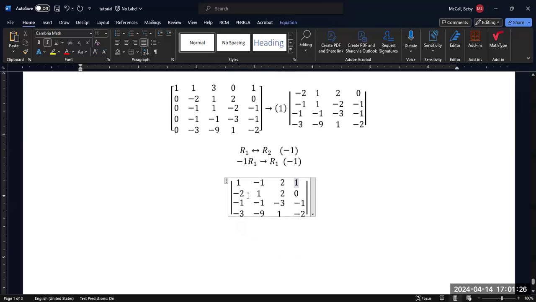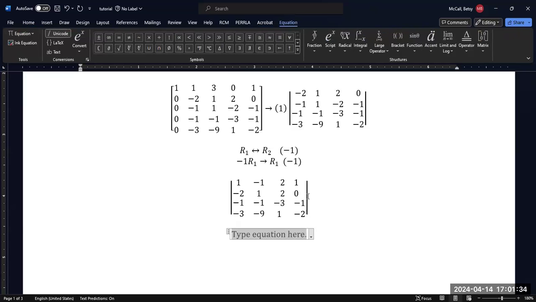So now I'm going to do row operations. And again, I'm going to try to eliminate everything below this. So now what row operations am I going to do? I'm going to do 2 times row 1 plus the new row 2, and put that back into row 2. Because I'm swapping out row 2, I haven't modified row 2 by a multiplier. That doesn't change the determinant.